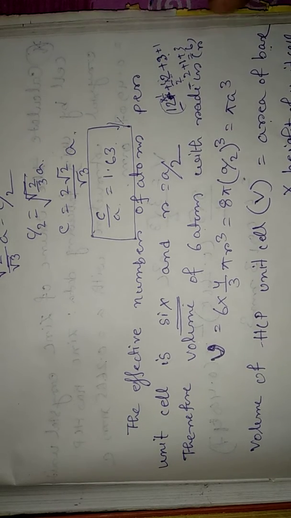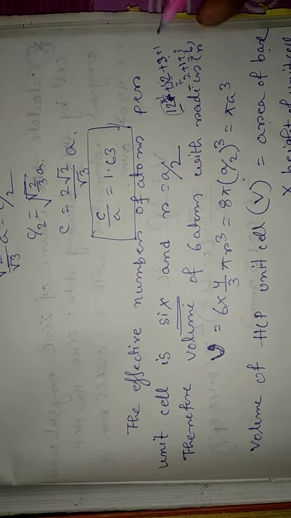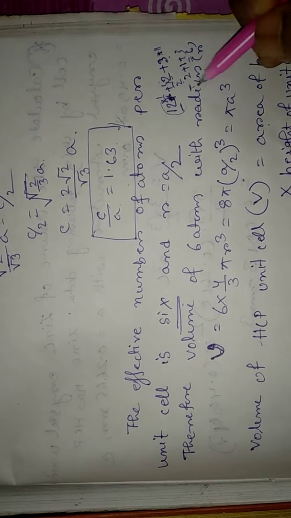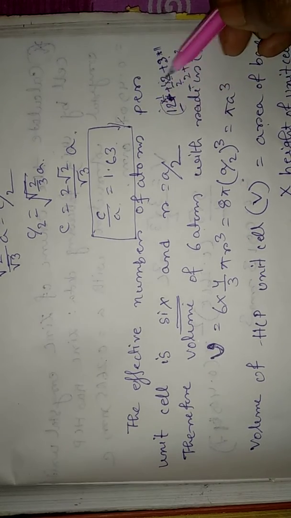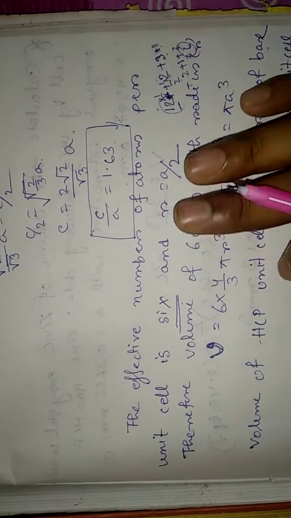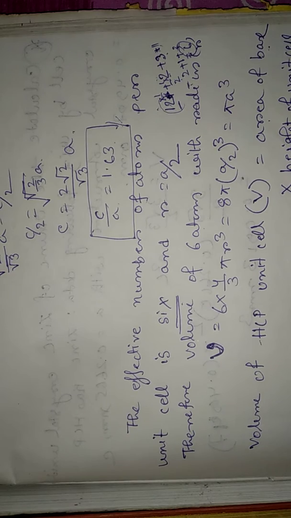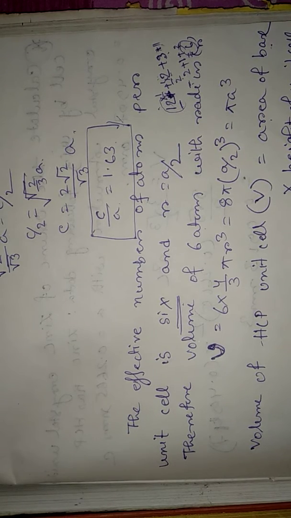Those within the unit cell are not shared with anyone, so 3 into 1. After all the calculation, 12 into 1/6 is 2, plus 1, plus 3, so the total number will be 6. So the effective number of atoms per unit cell is 6, the total number of atoms that contribute to the unit cell.